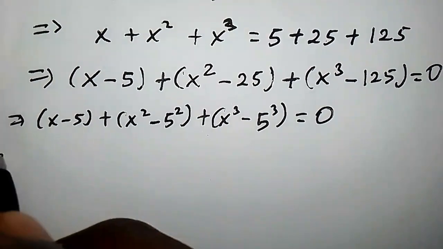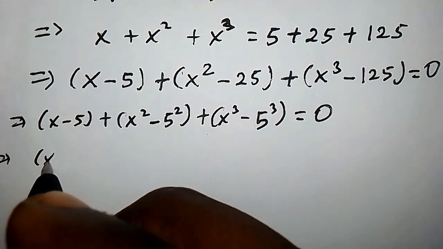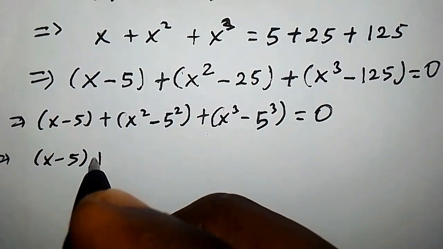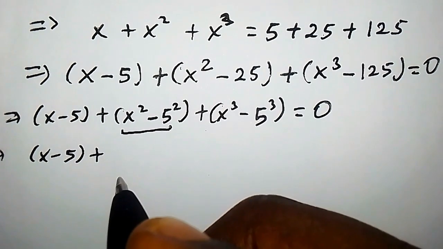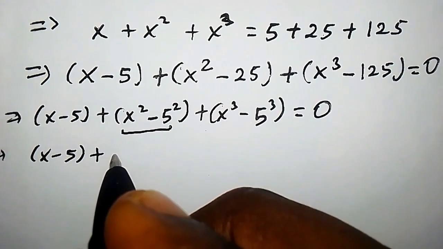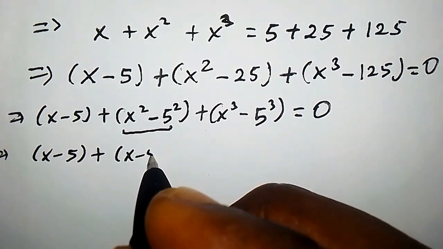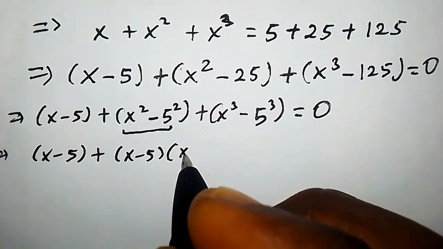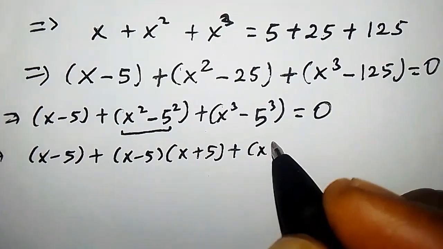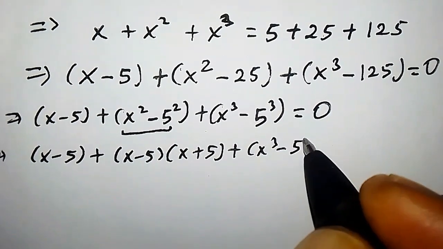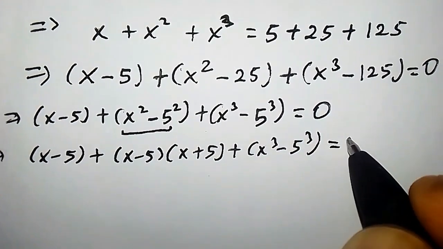Let's continue. This implies that x minus 5 plus x squared minus 5 squared, a difference of two squares, and we can write it as (x minus 5) times (x plus 5), plus x to the power of 3 minus 5 to the power of 3 equal to 0.